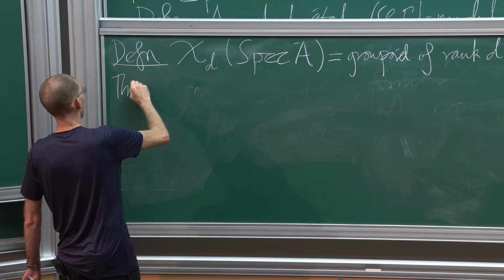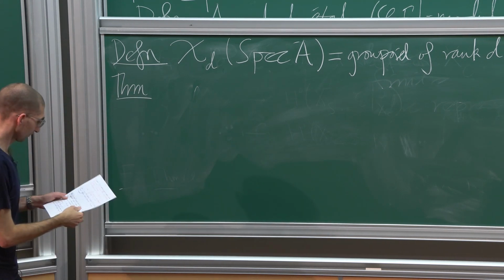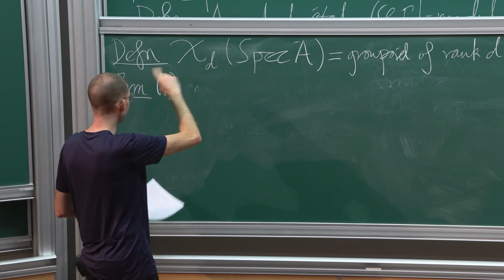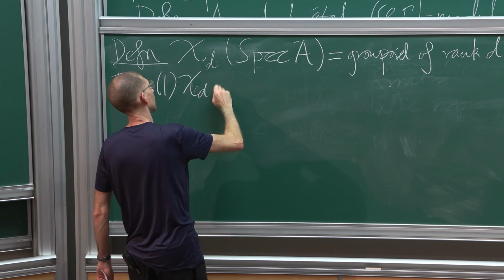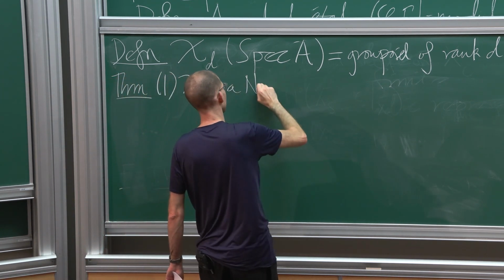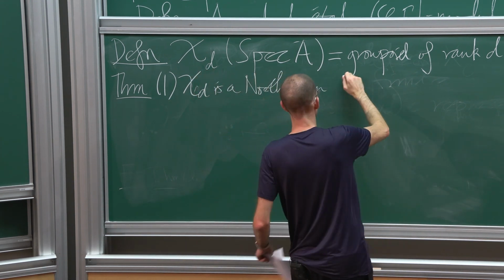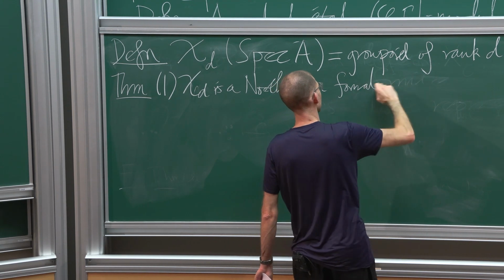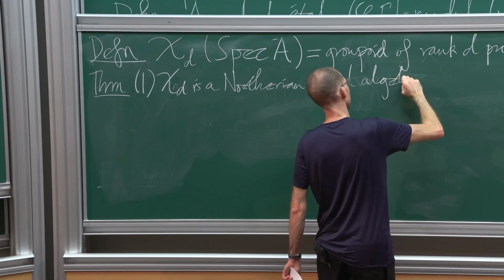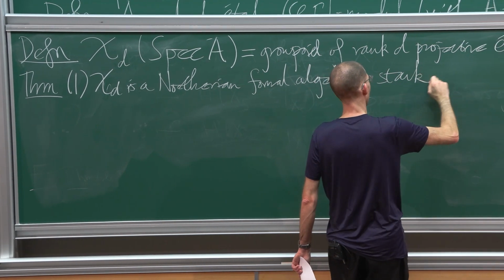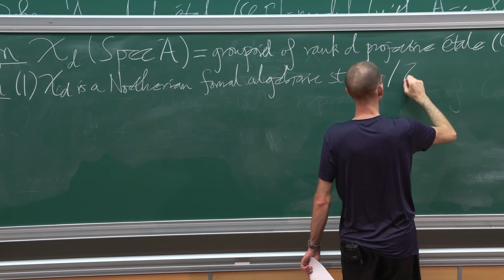And then the theorem, which is most of the theorems in the book that we wrote, is that this is a Noetherian formal algebraic stack over Z_p.